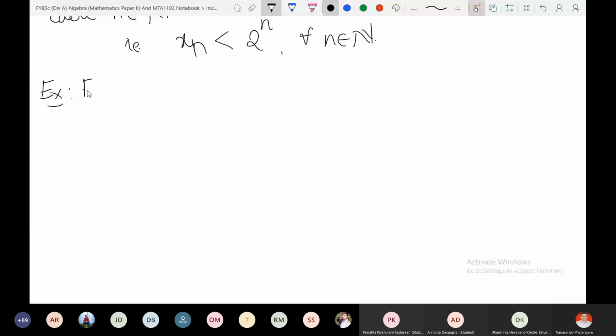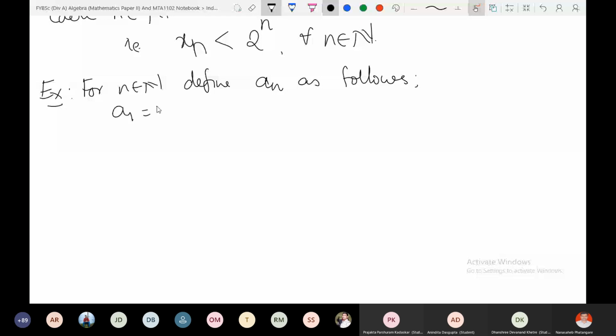So for n belonging to the natural numbers, define an as follows. Similarly to xn, we want to define an.